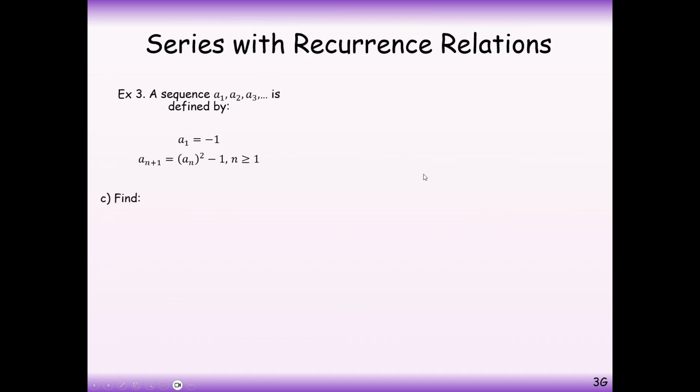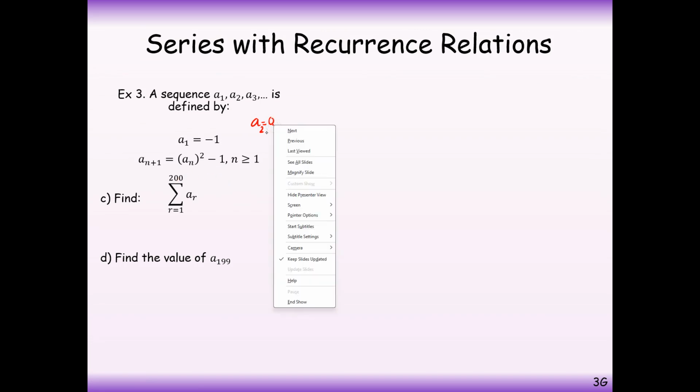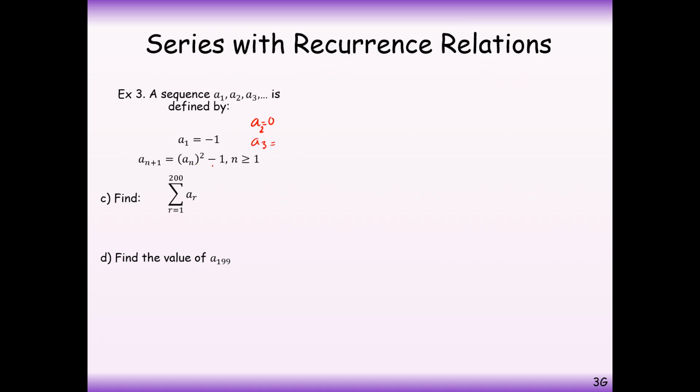Let's look at the next part of the same question. We've been asked to calculate the sum of the first 200 terms of this sequence, given that a1 is negative 1 and a2 is 0. Alright, so when we substitute 0 into this formula, what would a3 be? a3 would be minus 1 again.